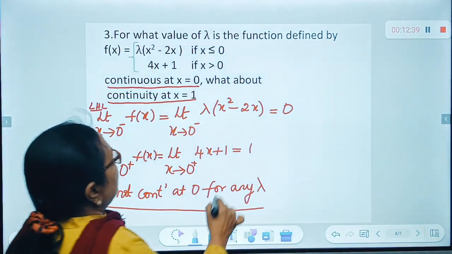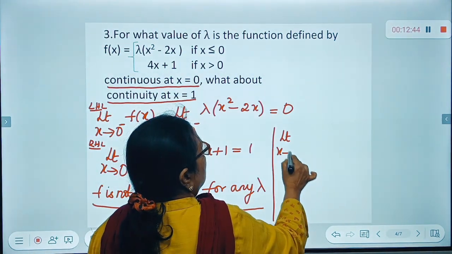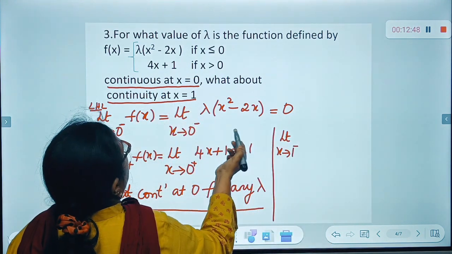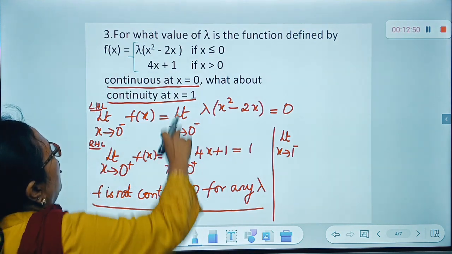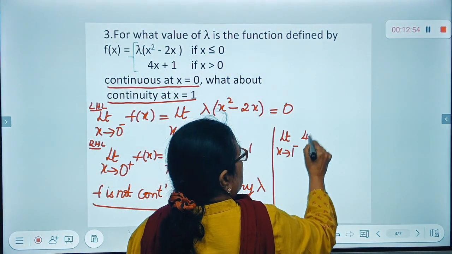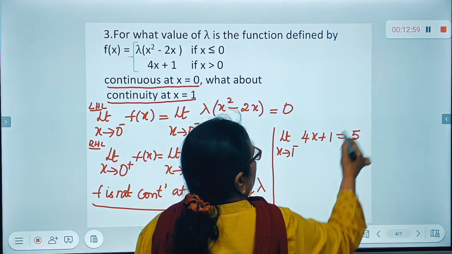What about continuity at 1? Now limit x tends to 1 minus of f of x is what? For all x greater than 0, it is 4x plus 1. So when I put x equal to 1, I will get 5.